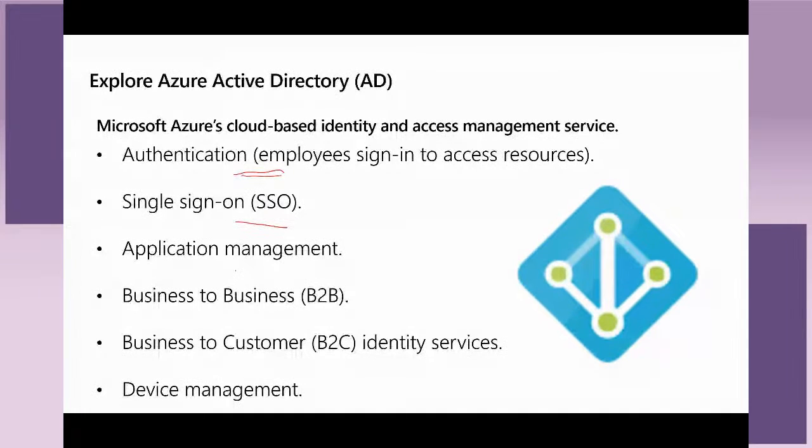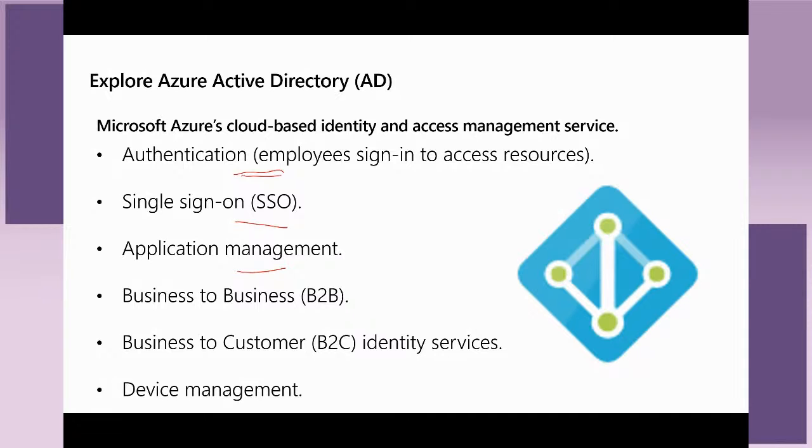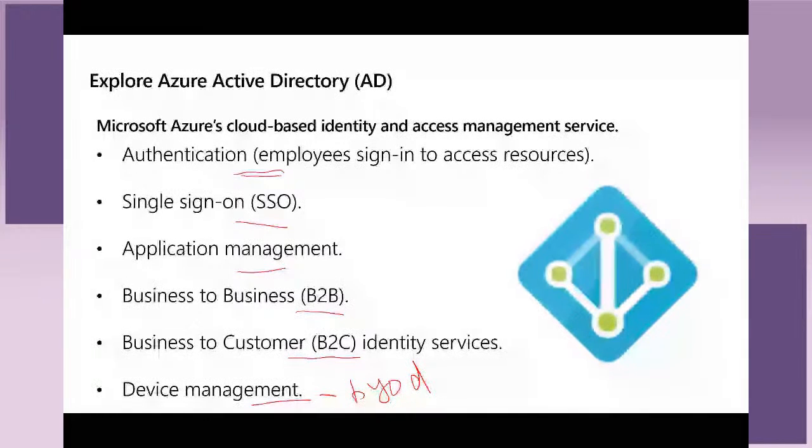And I told you about application management. So we have a lot of things for managing the application. I mentioned integration with SaaS and application proxy, and this is your Azure AD B2B. And then we have Azure AD B2C, and then device management for managing your BYOD. Okay, is that clear? Are you all with me?